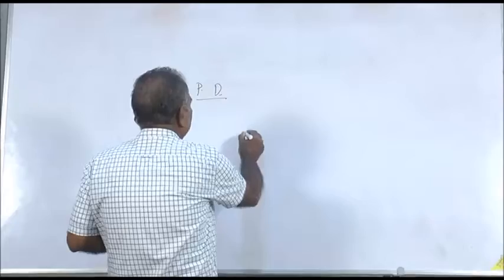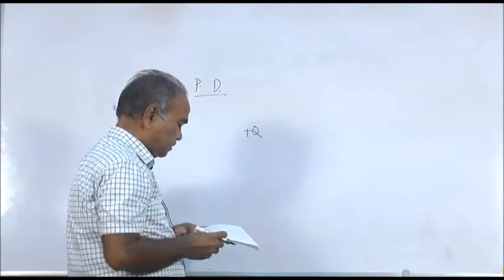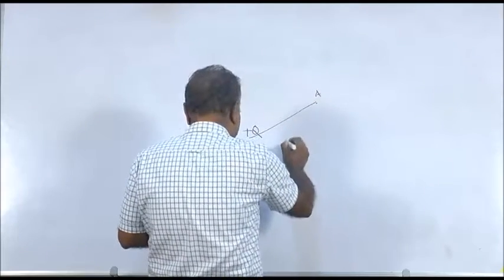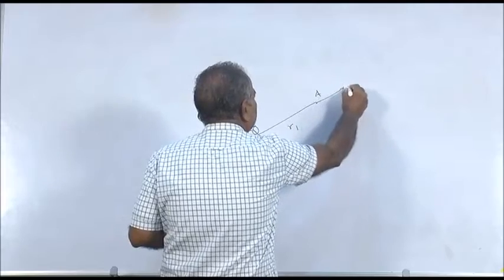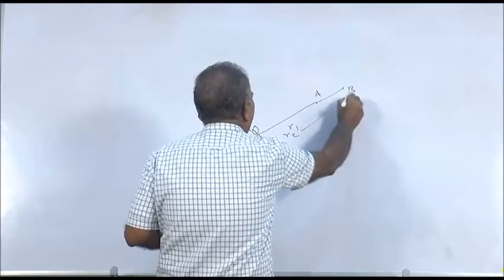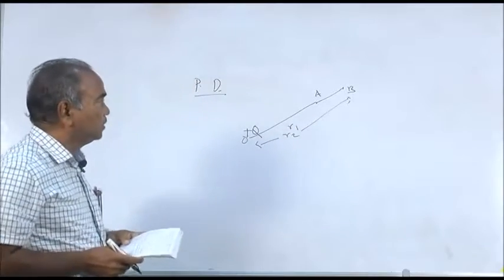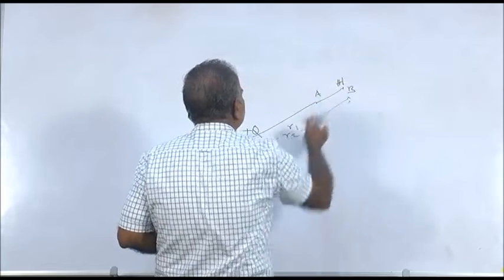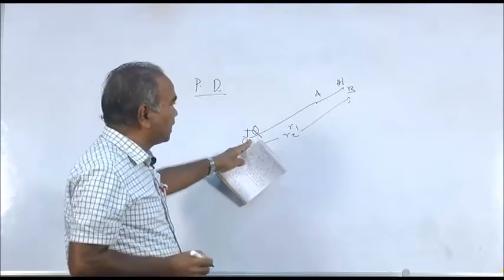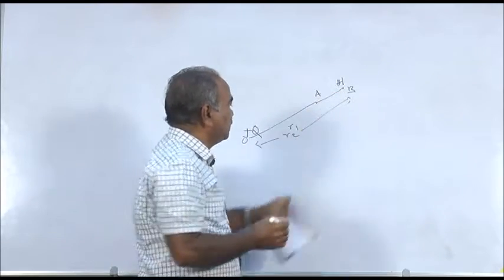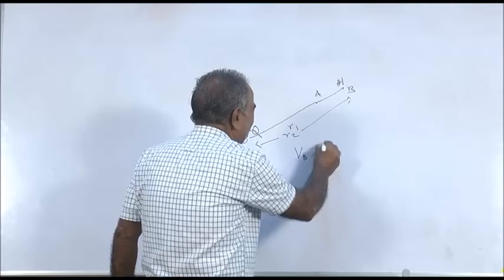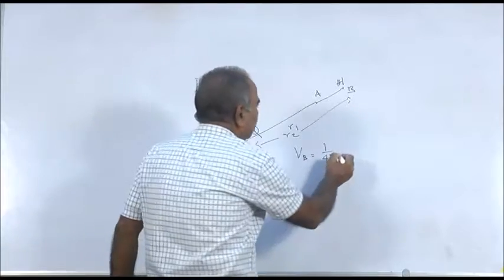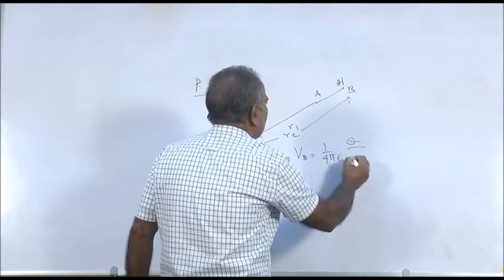Suppose Q is a positive charge you have taken here, and A is 1 point which is at a distance r1, and similarly B is another point which is at a distance of r2 from this O. So, when we keep a unit positive charge here, the potential due to this plus Q charge at point B we can write as VB, that is equal to 1 by 4 pi epsilon 0, since this is placed in air medium, Q by r2.